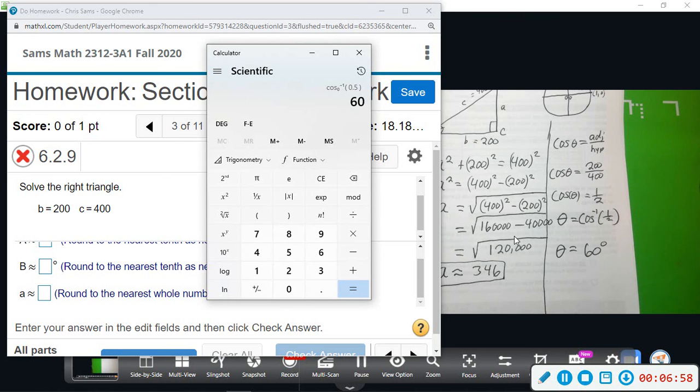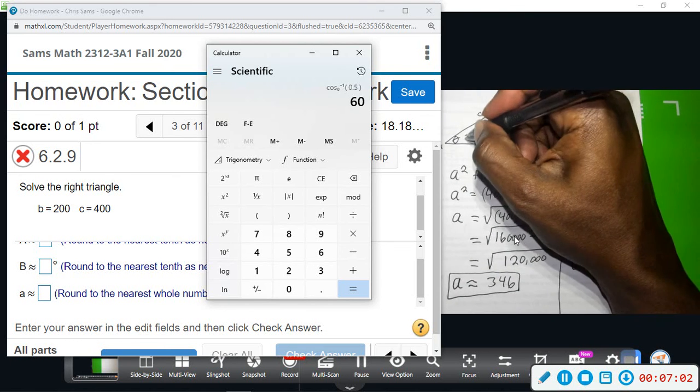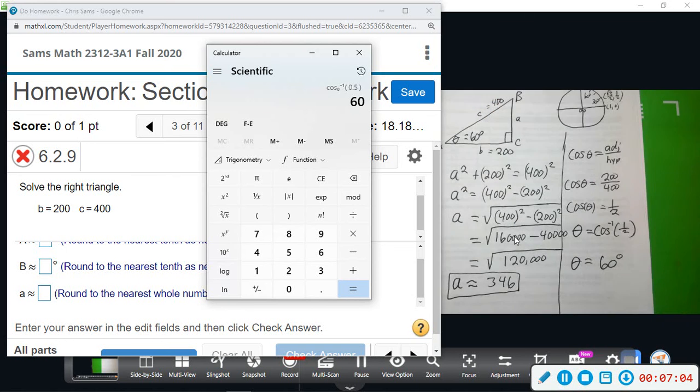So the fact that we get that angle A is 60 tells me if I just do 90 minus 60, that will give me angle B. So that's this one up here that I'm missing, and 90 minus 60 gives me 30.